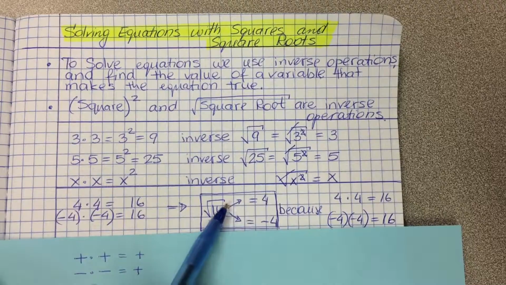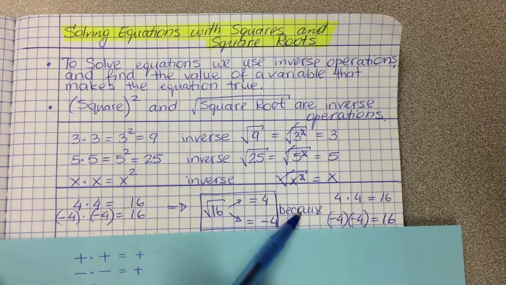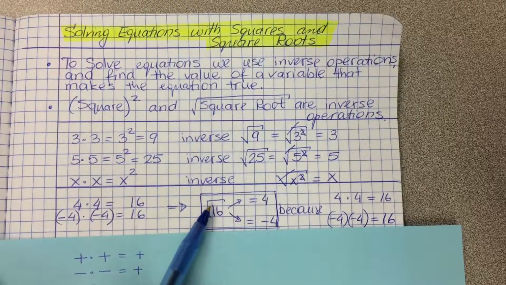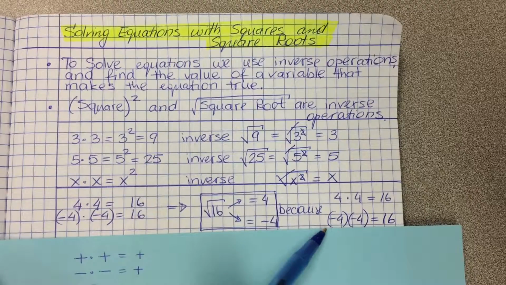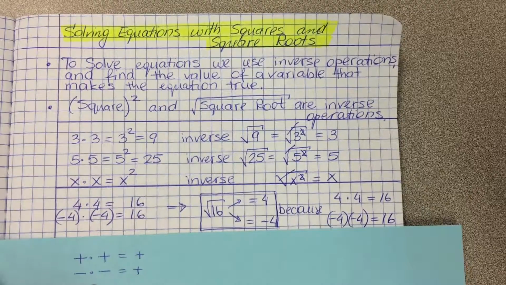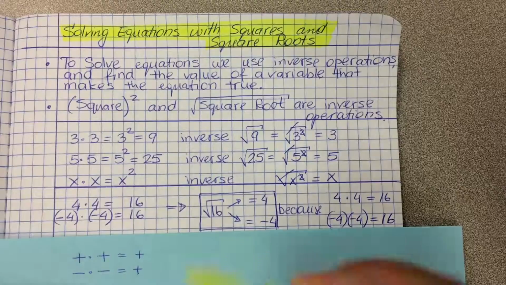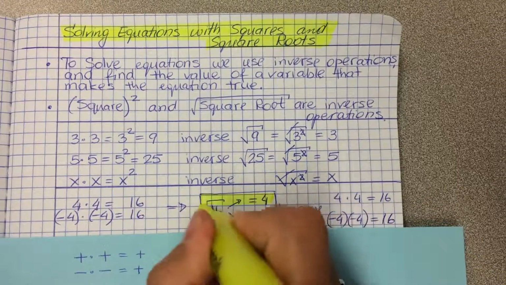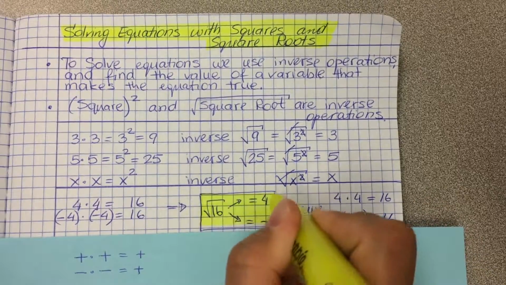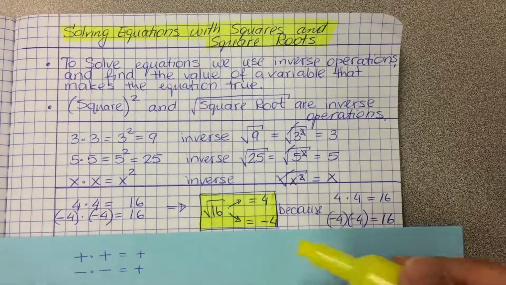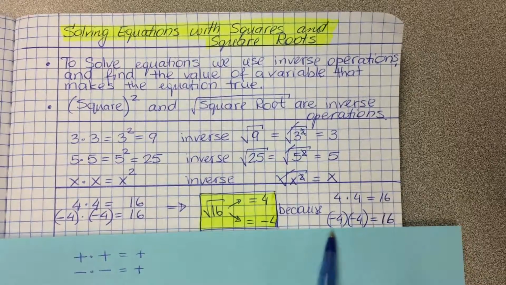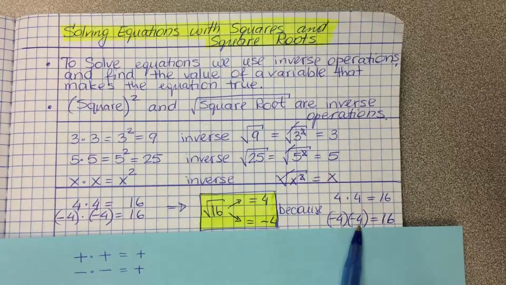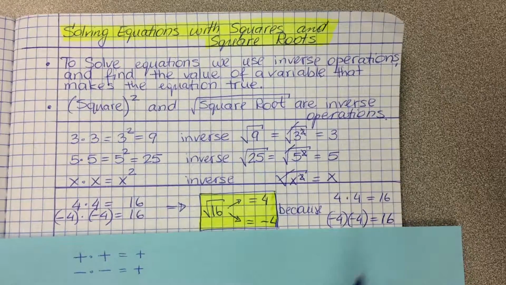The square root of 16 is 4, because 4 times 4 is 16, and the square root of 16 can equal negative 4, because negative 4 times negative 4 is still 16. So the square root of a positive number can have two values, a positive number and a negative number, because positive times positive is positive, and a number by itself, such as negative times negative, is still positive.